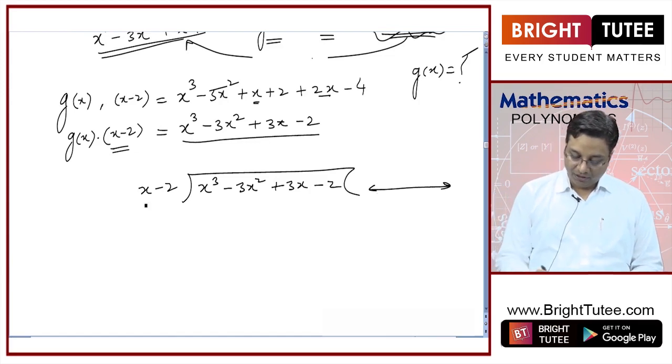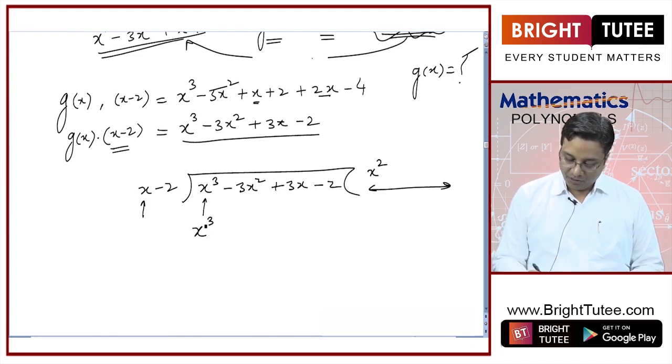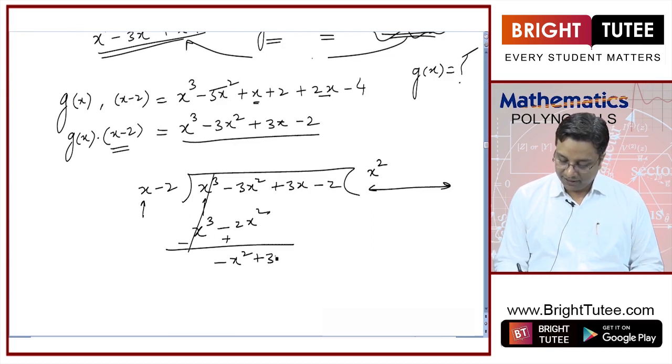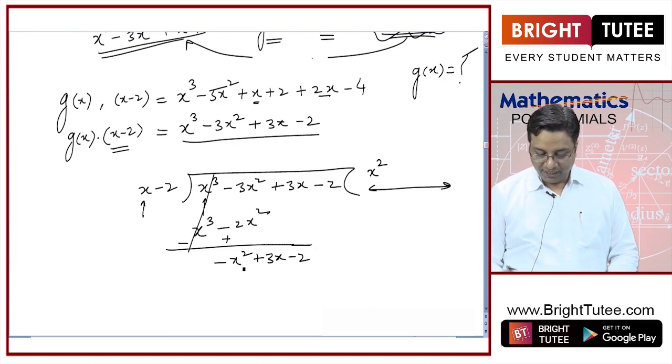So let's find out. When I need to produce this term by this term, I multiply by x square. x cube minus 2x square, right? Then subtract, this gets cancelled, minus x square plus 3x minus 2, right? How do I produce minus x square? By multiplying it by minus x.